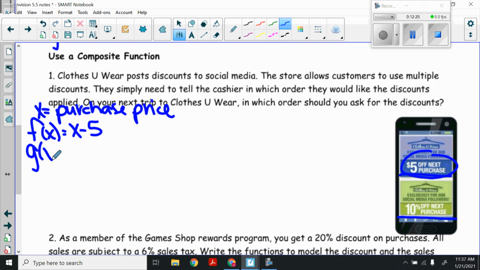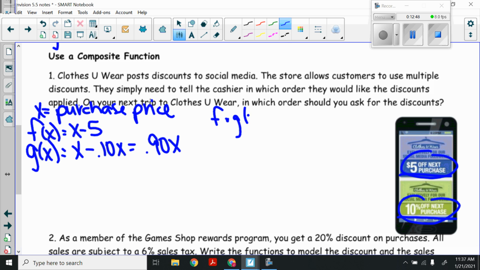Then we'll say g of x is 10% off: our purchase is x, minus 10% of that, so minus 0.10x, which is equal to 0.90x.